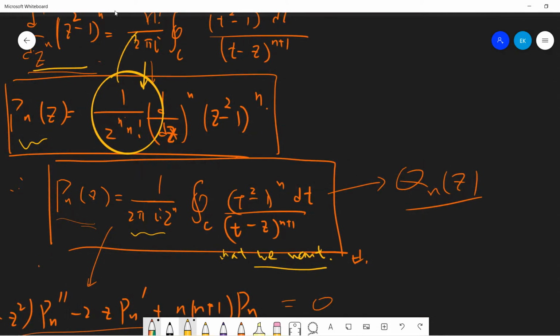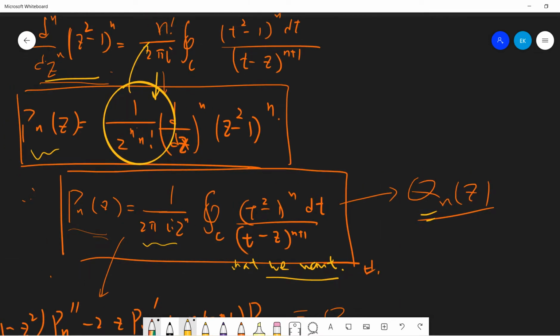One can also show that if you do analytic continuation, you get the second kind of Legendre polynomial, but that is not our purpose. Our purpose is just to write down the complex integral expression for this P_n(z).